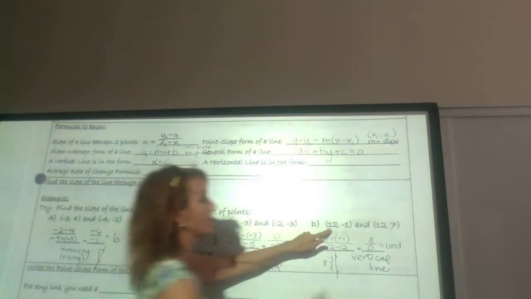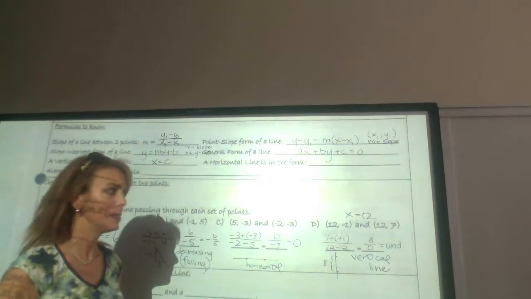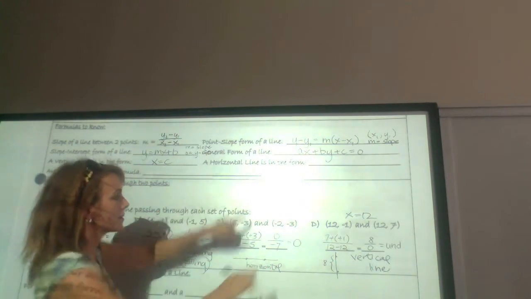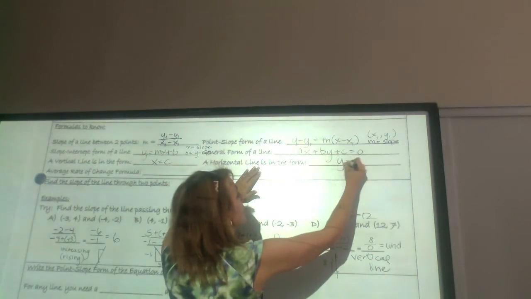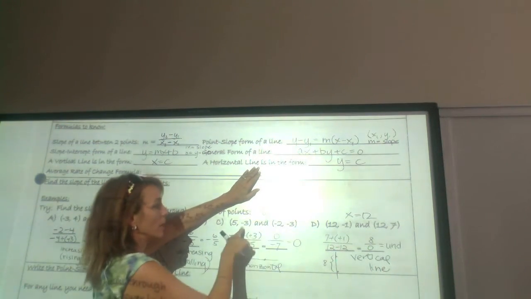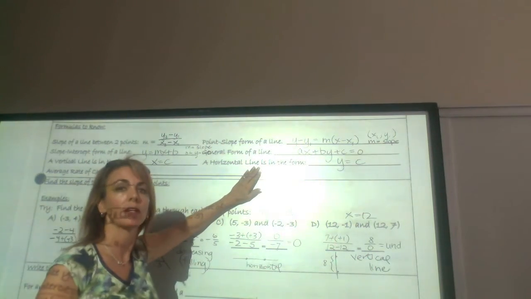In this case, it would be x equals 12. Easy peasy. All right. A horizontal line has the same y value. So the horizontal line is in the form y equals c. Okay? Y equals what here? Well, our y's are both -3, so this line is going to be y equals -3.